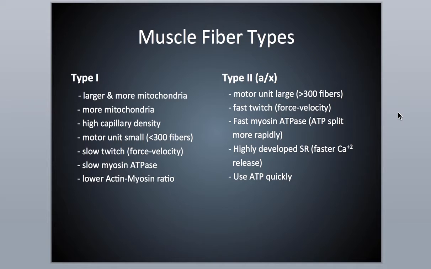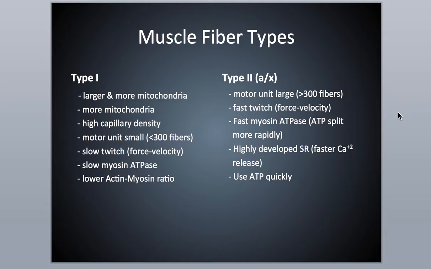They also use ATP quickly, which means they fatigue a lot more quickly than type 1 muscle fibers. So they don't last nearly as long. Plus, they don't have nearly as much mitochondria, so they don't have a lot of oxidative enzymes. The capillary bed might not be as big as well.